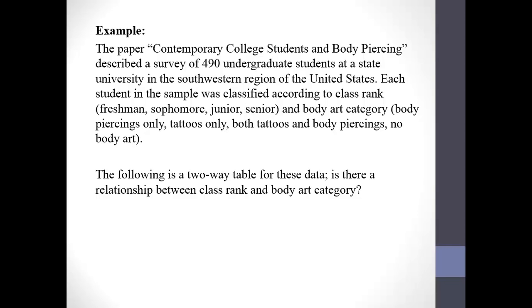So do you have piercings only, tattoos only, piercings and tattoos, or no body art? So no piercings, no tattoos. In your notes at the top of page 12 is a two-way table for this data. And the question you might wonder is, do we have a relationship between class rank and body art category?